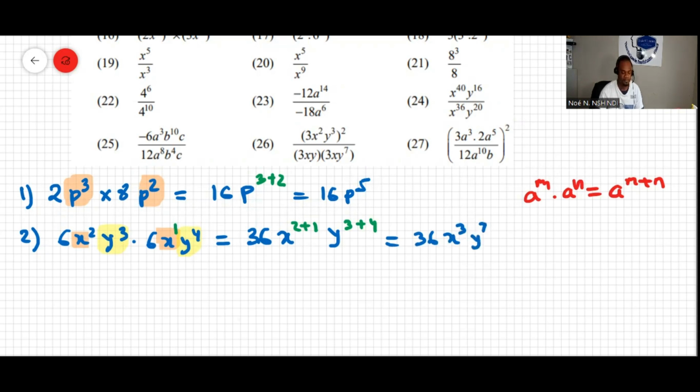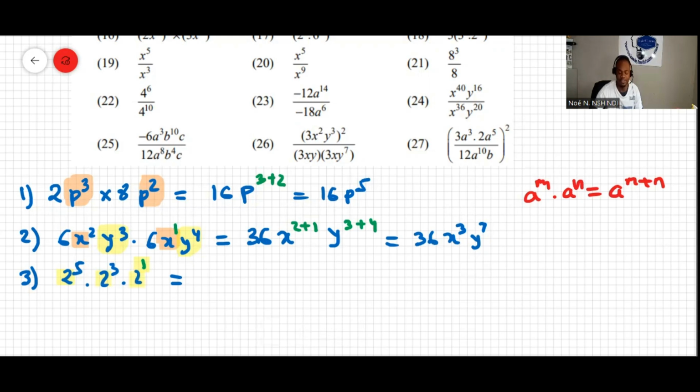Okay, and then question 3, there was 2 to the power 5 multiplied by 2 to the power 3 multiplied by 2. Now I said, whenever you don't see any exponents, understand that the power is just 1. You can substitute it by 1 there. Now, the fact that the bases are common, you can see that this is 2 here, this is a 2, and this is 2. The bases are common.